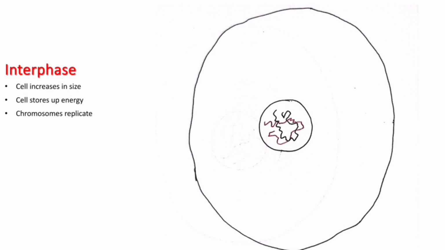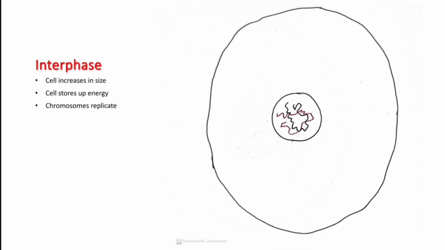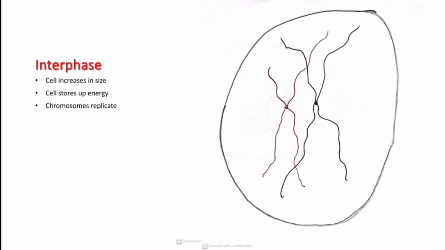Now we have 2 chromosomes that have replicated. The red one has made a copy of itself, so we now have 2 red chromosomes joining together at that dot. That point where the 2 chromosomes join after making a copy is known as the centromere. The centromere is where the chromosomes meet.